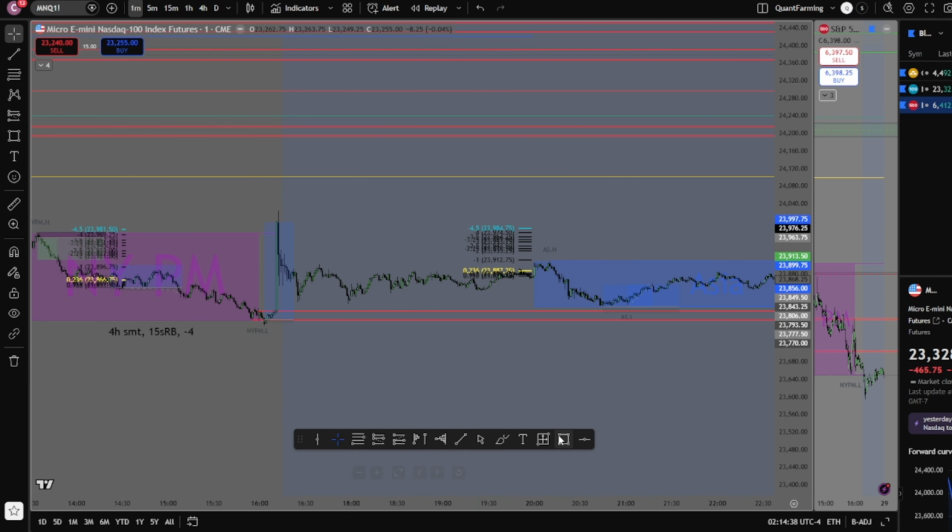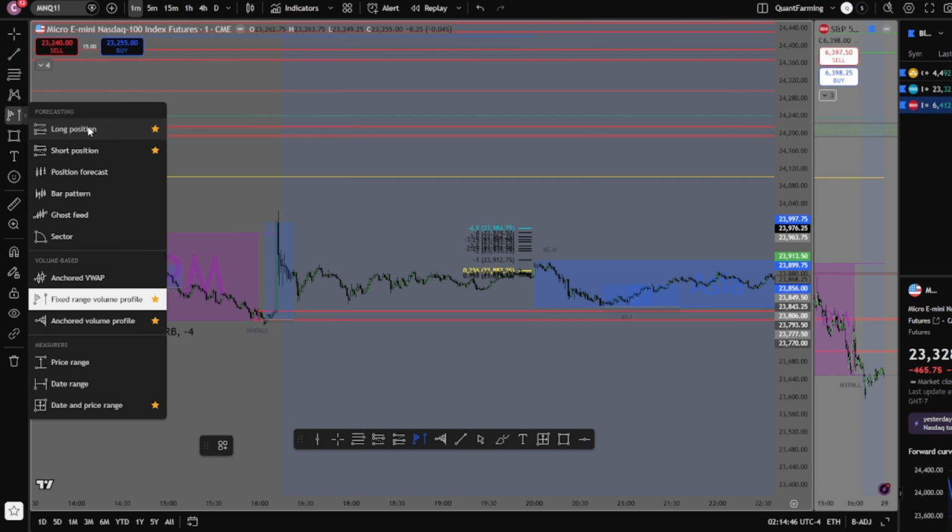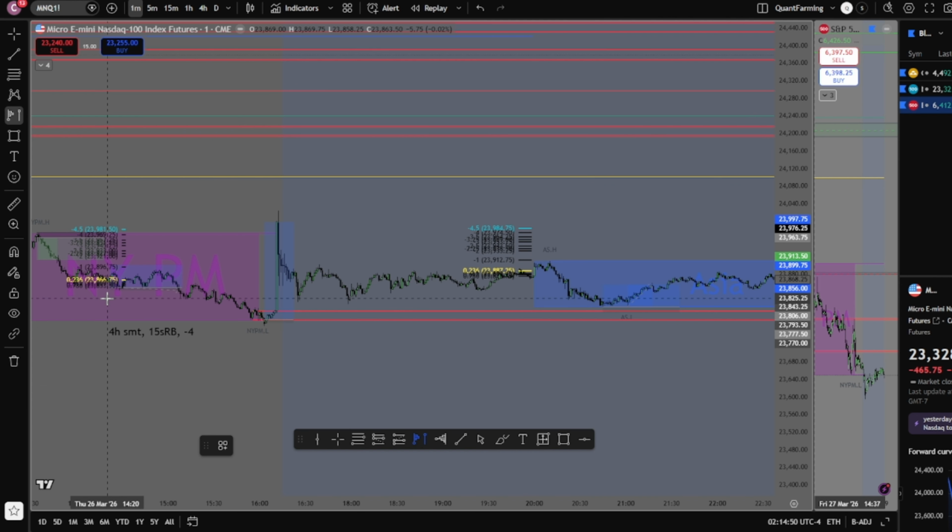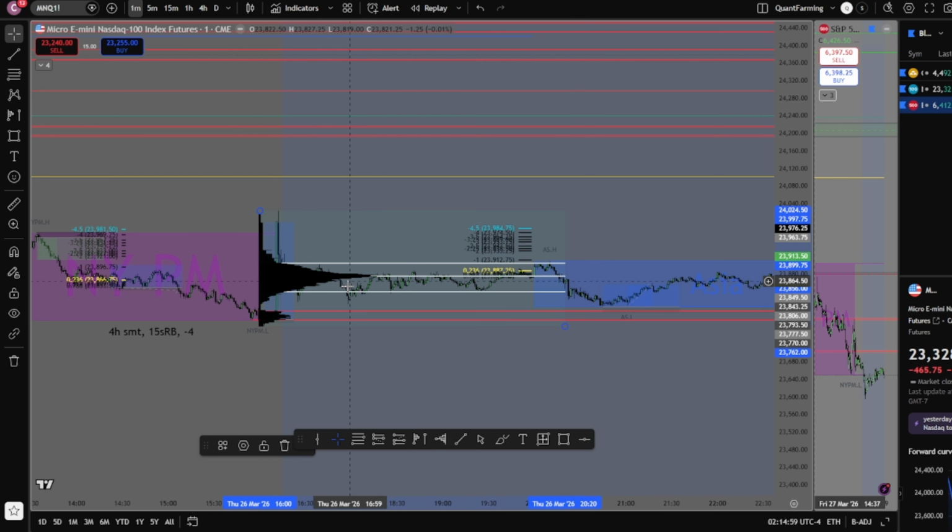This just means that there's areas in the market where there's going to be more volume. For example, if you were to pull out in your forecasting folder here, we have what's called the fixed range volume profile. What does this do? This will show me in a fixed range where our point of control, or where the most orders on the book are, our value area high and our value area low.